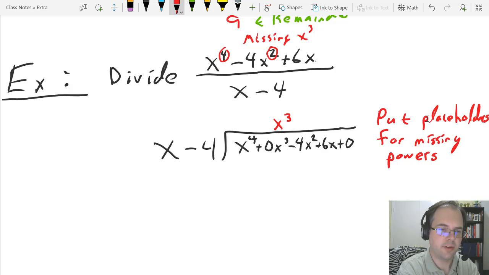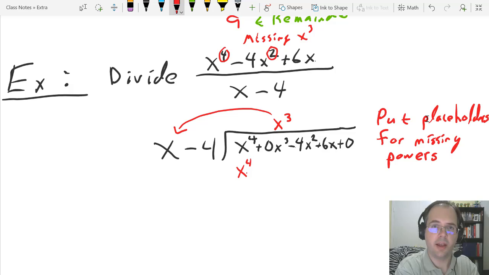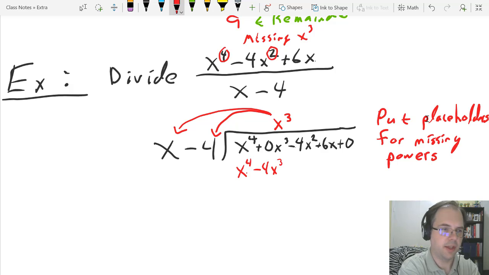So we put x to the 3rd on top so that we can multiply x to the 1st. X cubed times x turns into x to the 4th, and that goes down underneath. And then this thing actually multiplies to both terms in the divisor. So we get x to the 4th minus 4x cubed. And so we put that both down there.